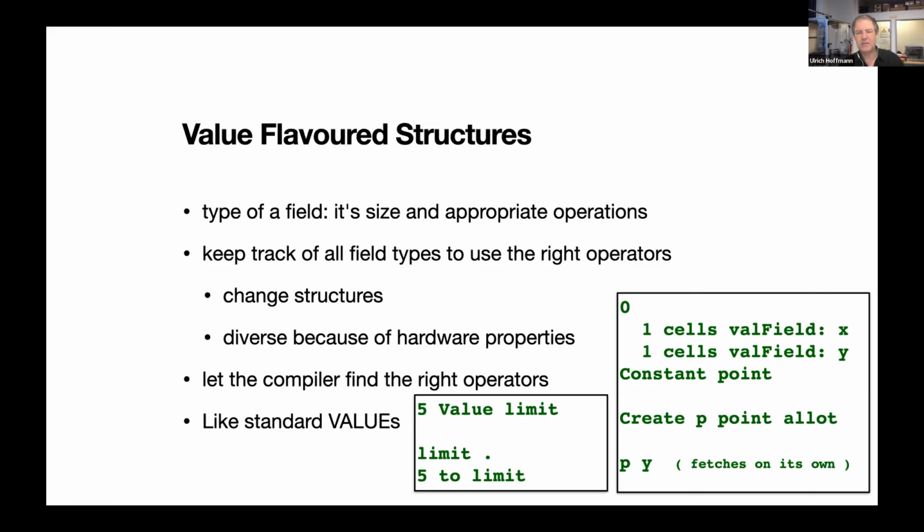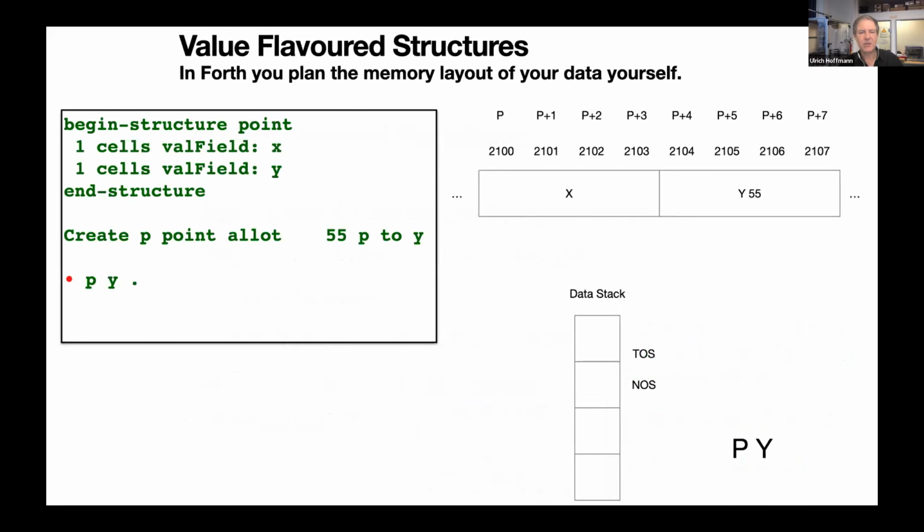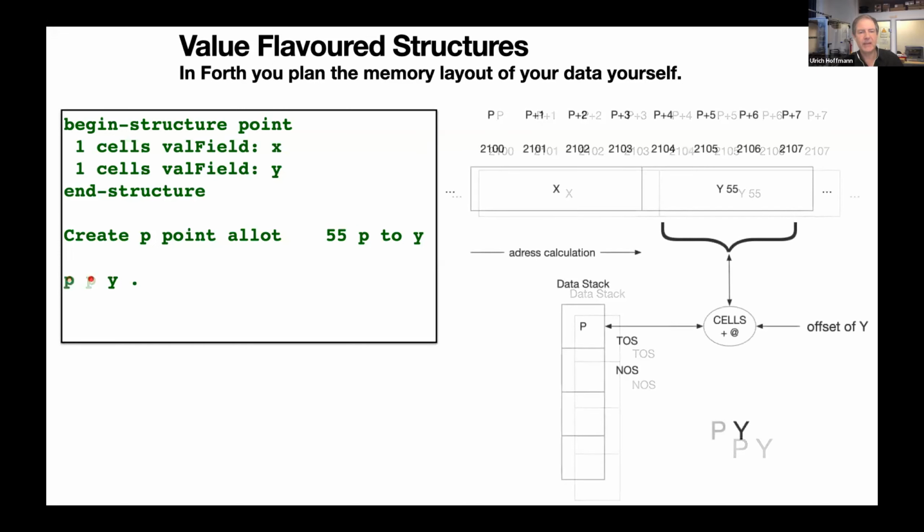And now if we just name the value field, it fetches the value on its own. Which means coming back to a similar picture. So assuming 55 is already stored in the field y, then again we execute p, which puts the base address on the stack.